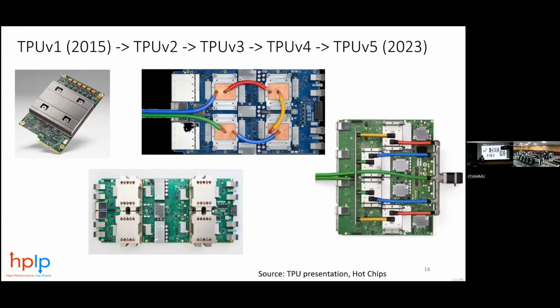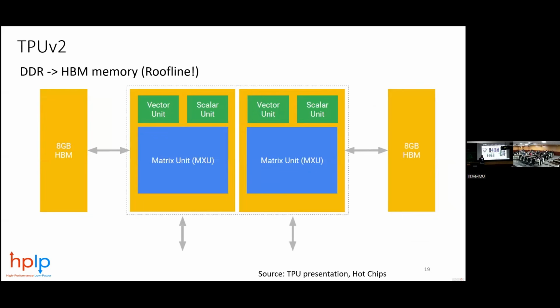Now that was the first TPU, and by now they are already at the 5th generation. I'm going to go very quickly over the differences. The one on the left is the oldest, and the one on the right is the newest. So TPU v2. It's all about making them bigger and bigger.